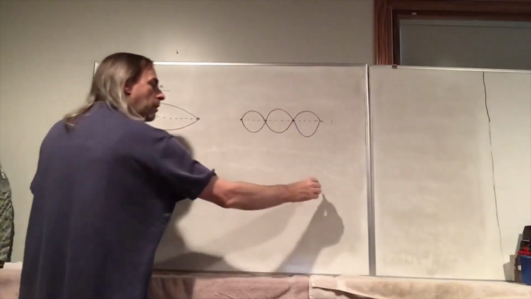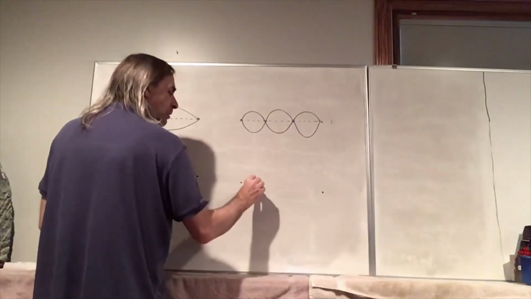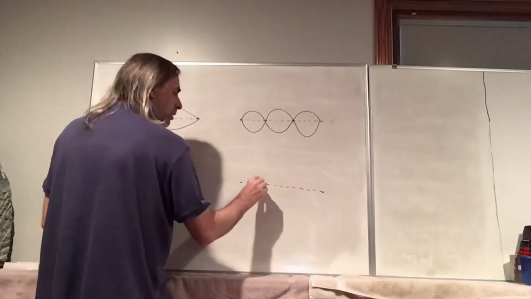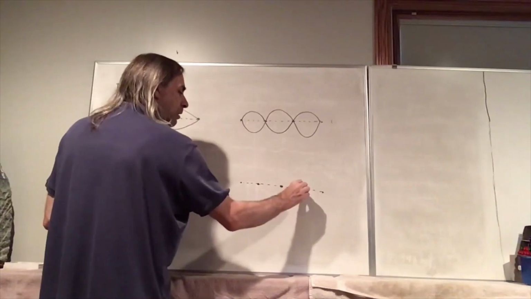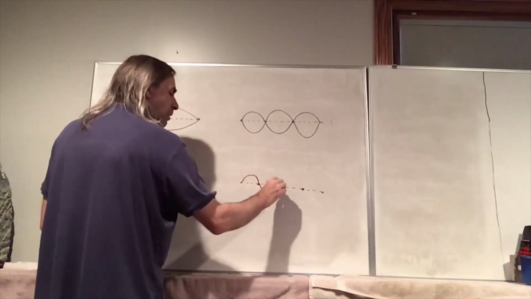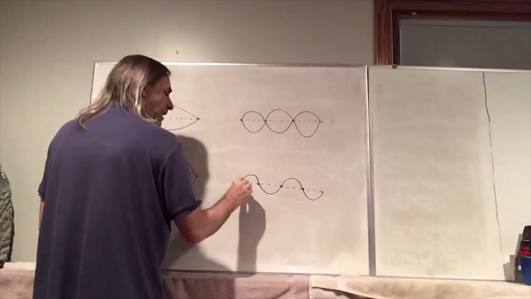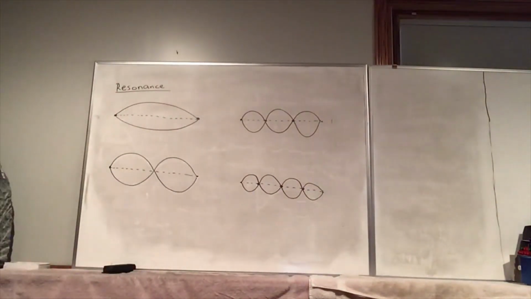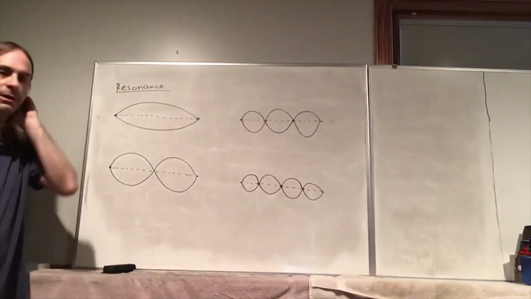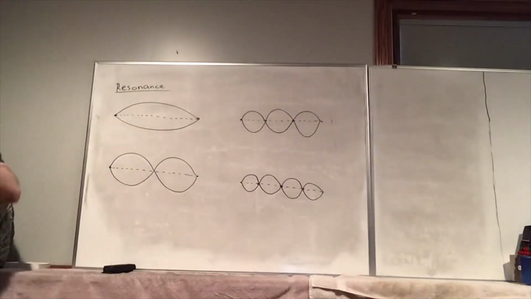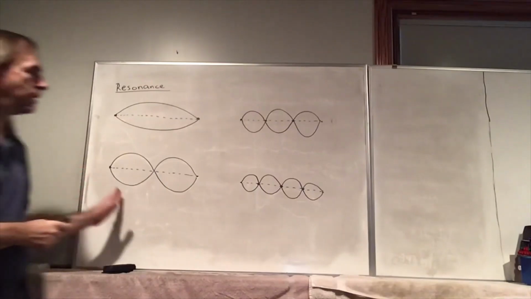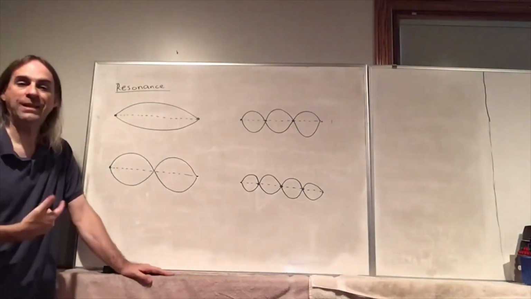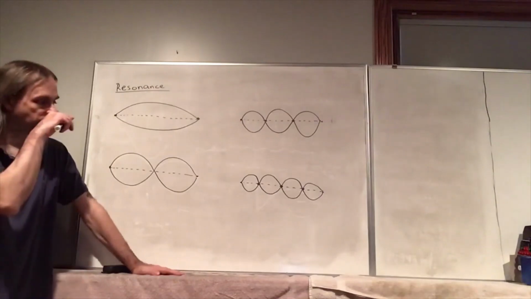And finally, the last standing wave pattern that I'm going to draw, at least. We can keep going with this and get more and more patterns, but we can get a pattern that looks like this. So again, these are particular frequencies that result in resonance and standing wave patterns.